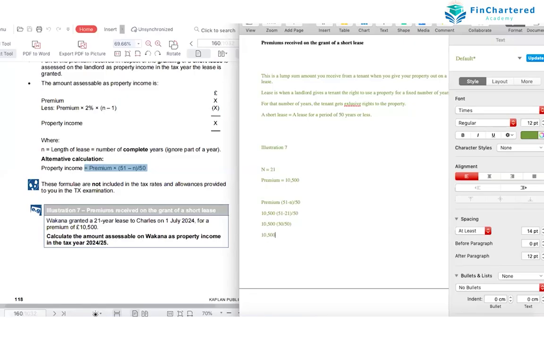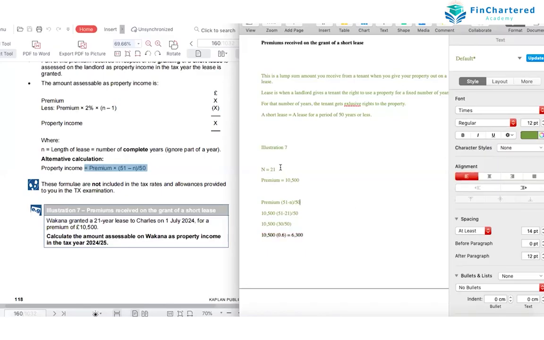So it becomes 10,500 into 0.6, which is 6,300. So your answer is 6,300. End of story. Property income is 6,300.